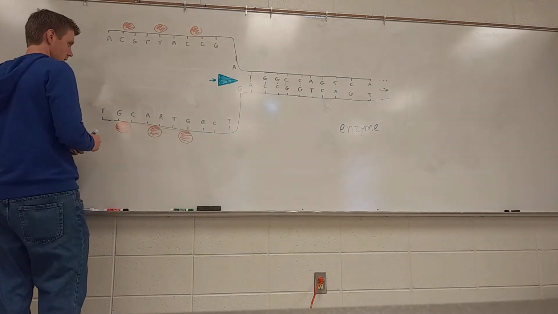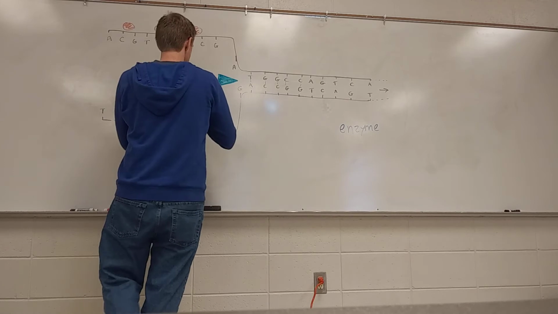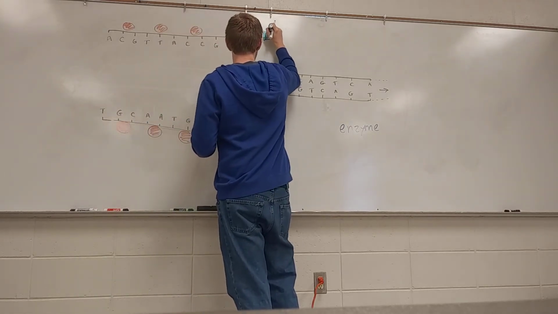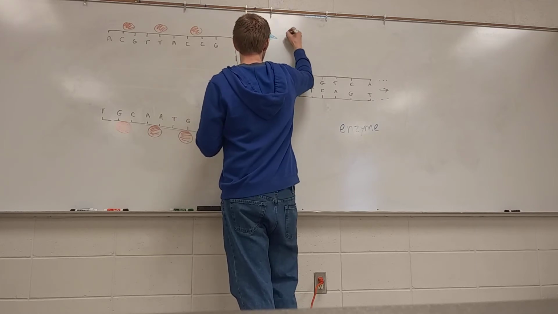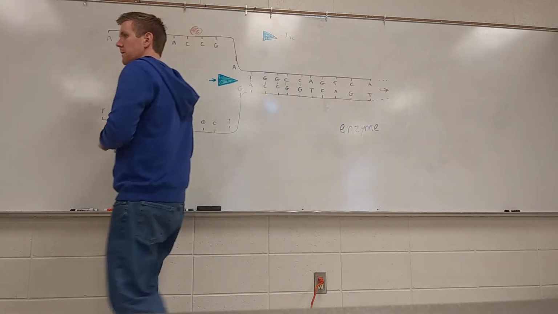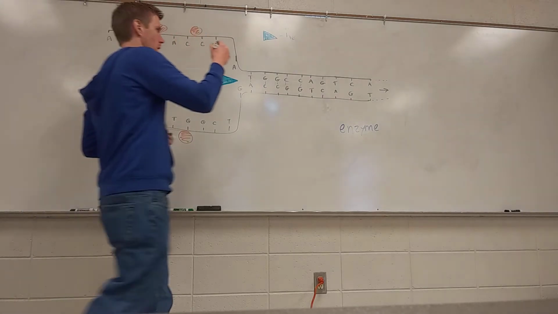So just a reminder real quick, this is helicase, and I think it'll be better if we have a little key up here. So this is helicase. One of these days I'll get a black marker that actually works well.